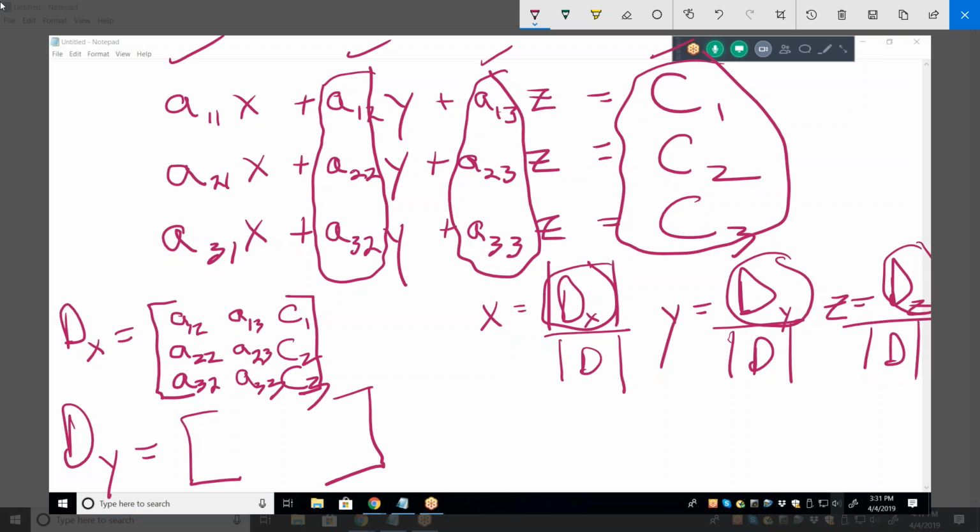You start here. And you go that column, and then that column, and then that column. Were you able to follow that? And then for the Z, I think you keep going to the right, and you start with this as your first column, this for your second column, and this for your third column.